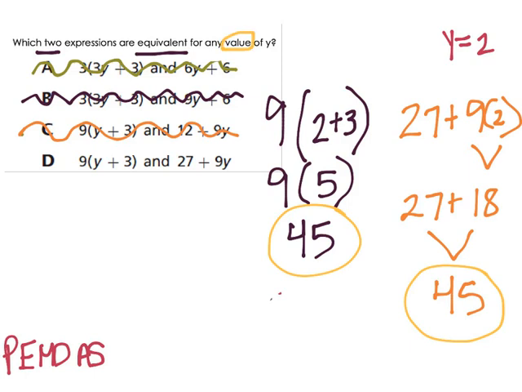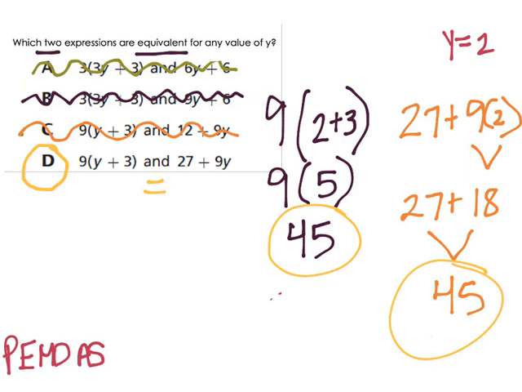So if they have the same value after they are evaluated, this tells me that the expressions 9 parentheses y plus 3 and 27 plus 9y are equivalent. So our correct answer choice is choice D.